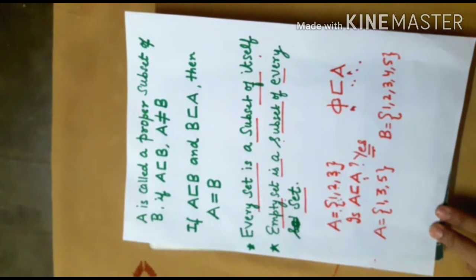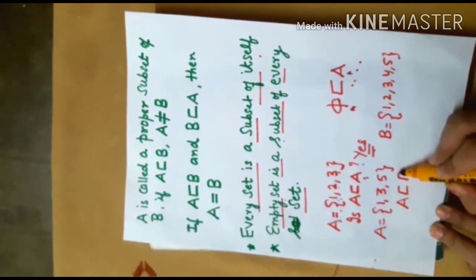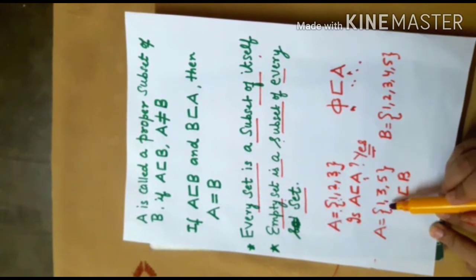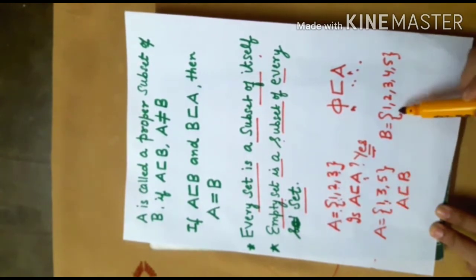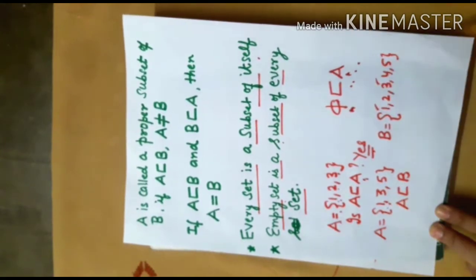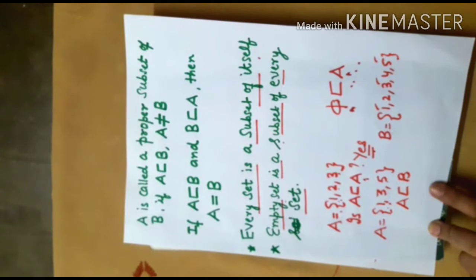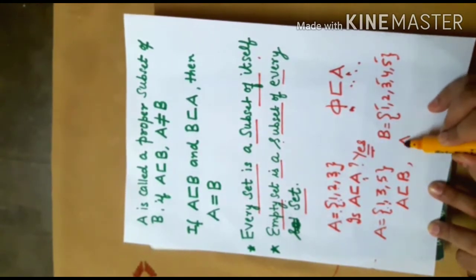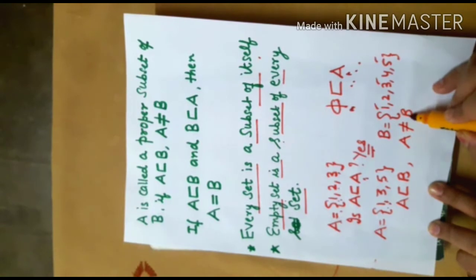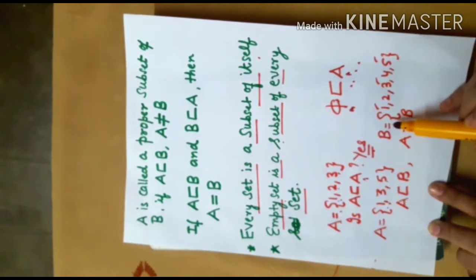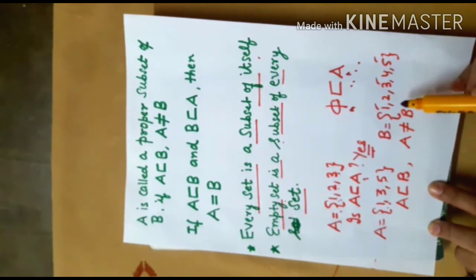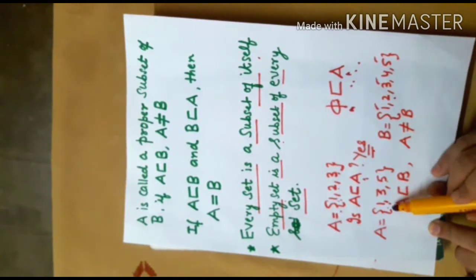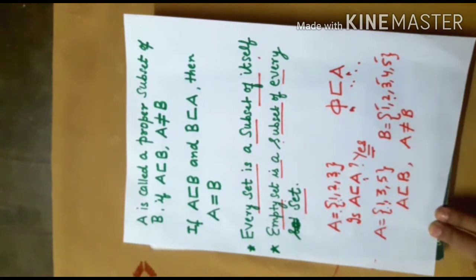Now here you can see that A is a subset of B, because every element of set A is there in the set B. 1 is there in B, 3 is there in B, 5 is there in B. And also A is not equal to B, because A and B do not contain the same elements, because 2 is there in B which is not in A. So here this A is called the proper subset of B.